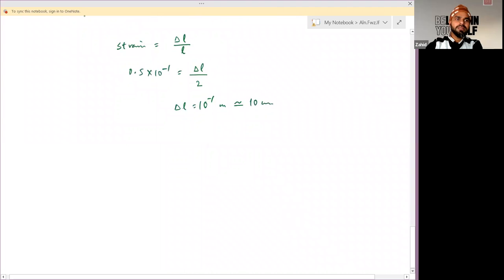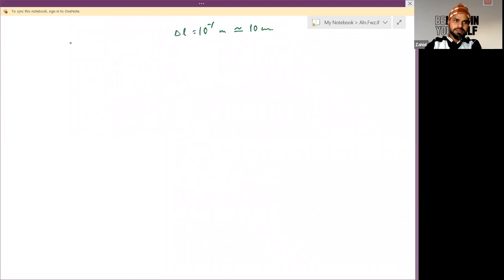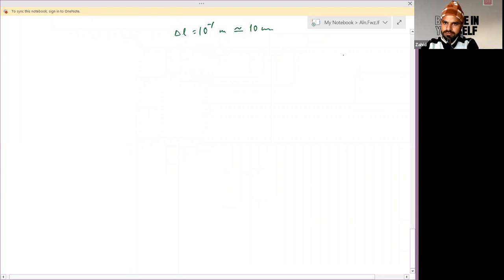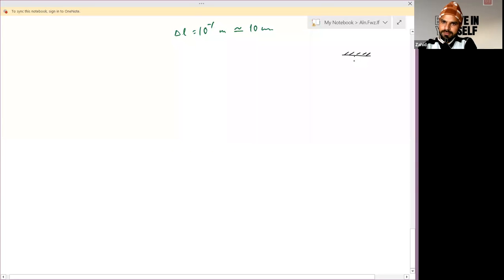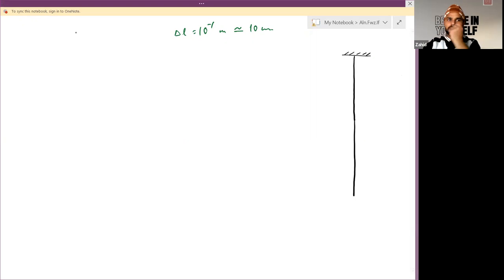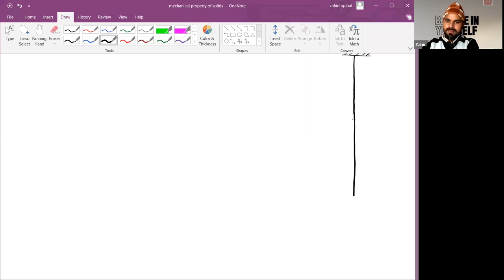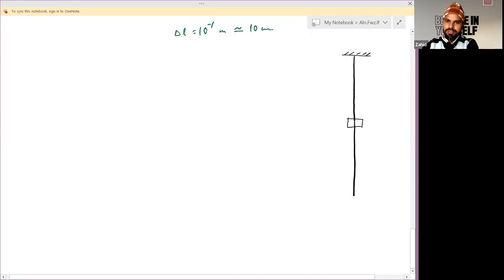Next, there will be a question related to string. Suppose a wire is hanged from this support, there is a block at this point and another at this point.